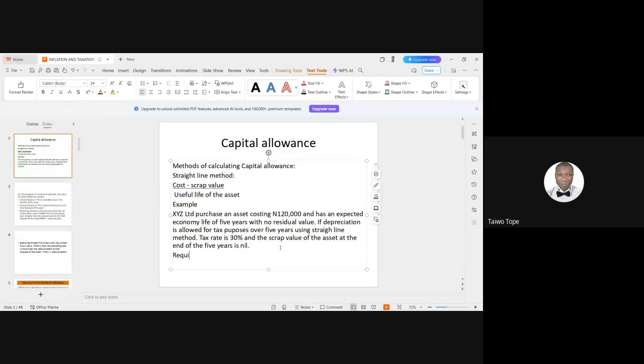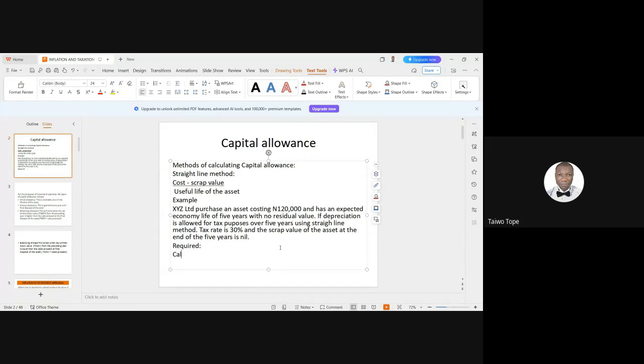Required. Calculate the tax savings on the annual capital allowance. So this is very direct. As far as this class is concerned, we should be able to solve this without much ado.